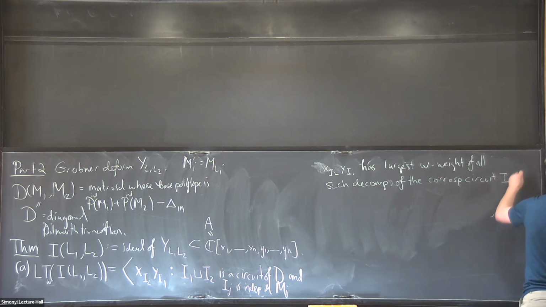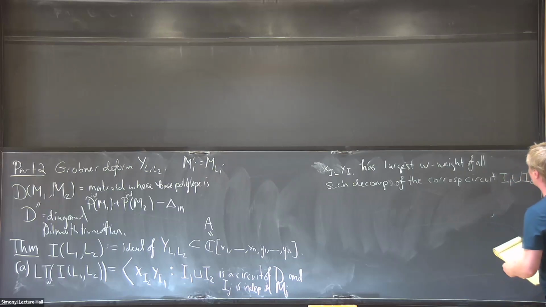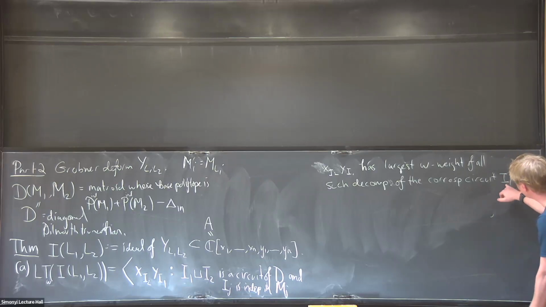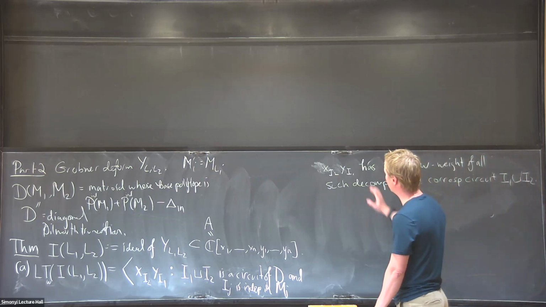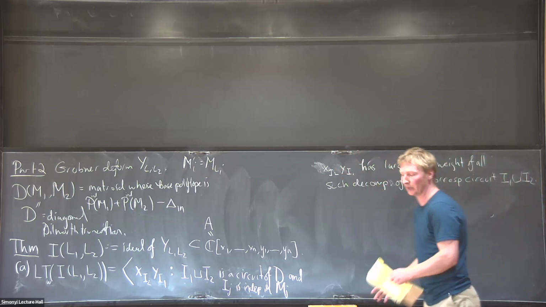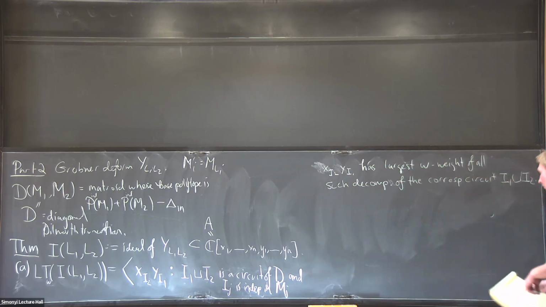So I can look at the circuit and at all the ways to break it up as an independent set from M1 and an independent set from M2. Then I want to find the one that achieves the maximum weight for my given weight order. Okay, so that's the first part of the theorem. It tells us what the initial ideal is.